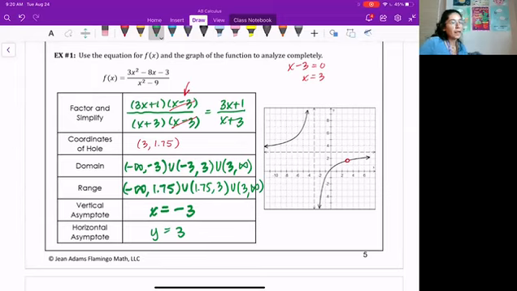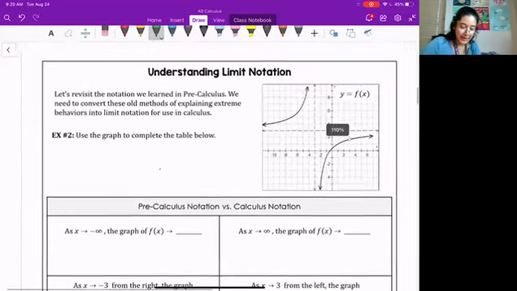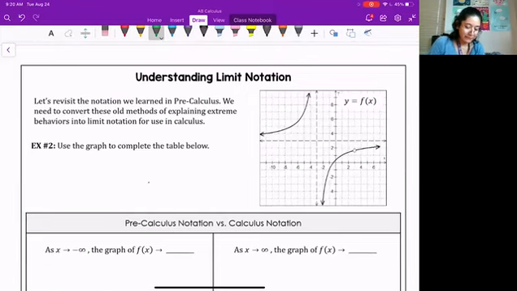This is where we're going to explore the idea of a limit. I think we're going to use the same graph on this next page. Yep, here it is again. I really want to focus in at this point here, x equals positive 3.